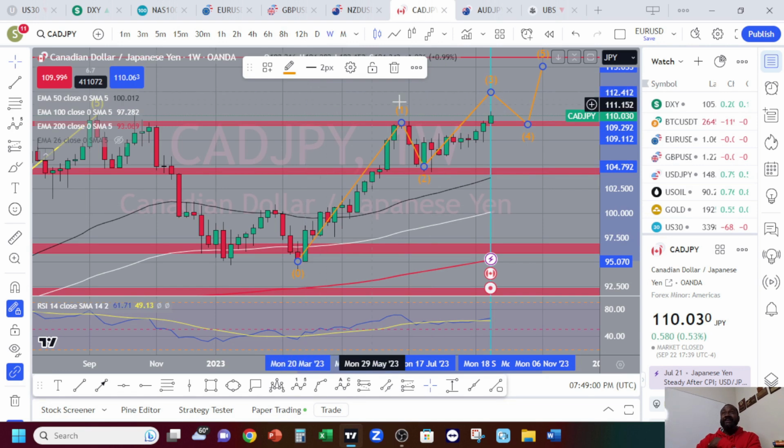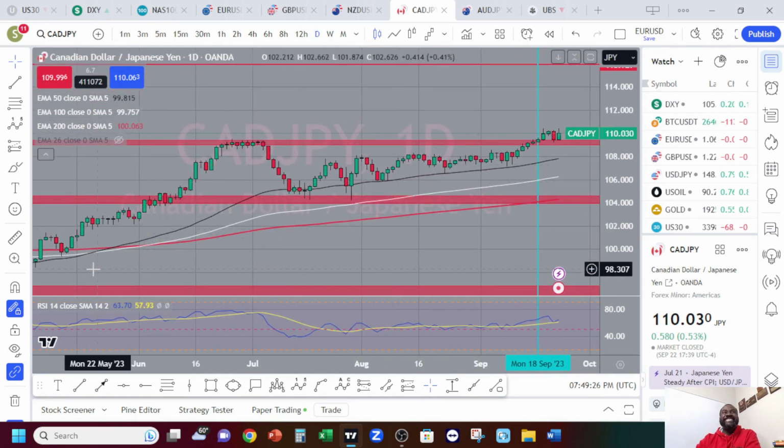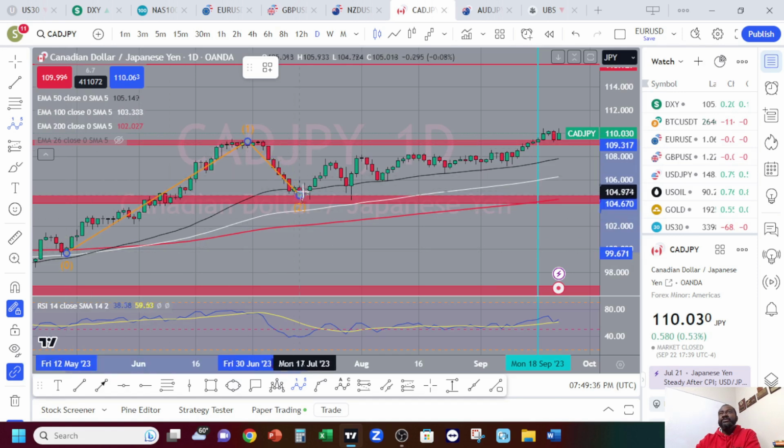What we learned from the weekly time frame is that we have a potential uptrend in our hands, and we can see price is already closing above the last high in May, which is good. Let's go down to the daily. In the daily time frame, we still have an uptrend as well. Price goes up, and it's been hitting the 50 EMA and continuing to go up.